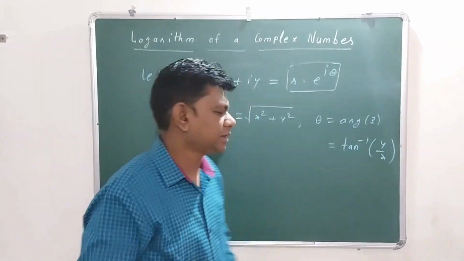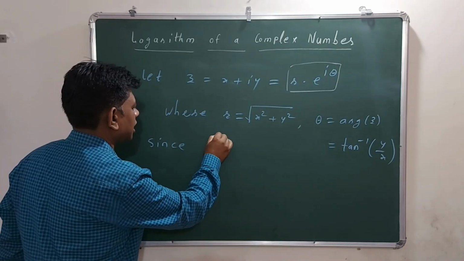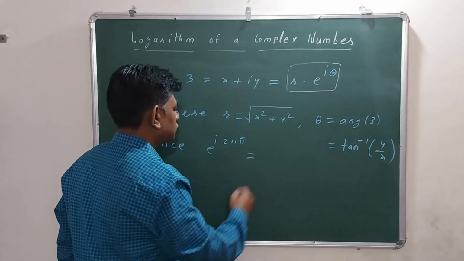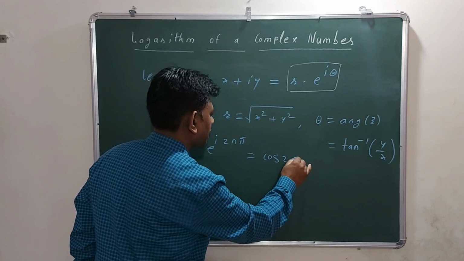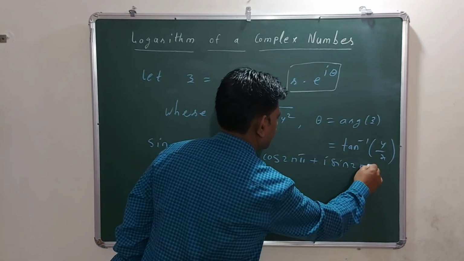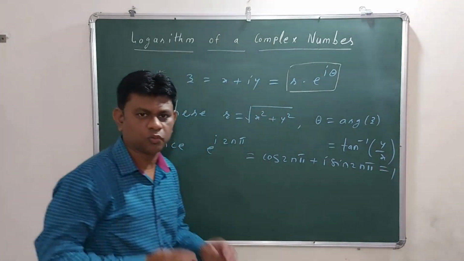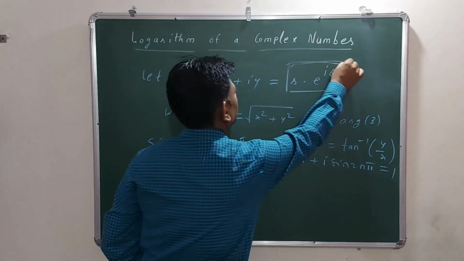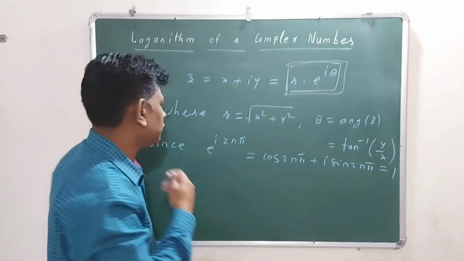Now we know that e to the power i 2n pi is equal to cos 2n pi plus i sin 2n pi, and this is equal to 1. Therefore, we express this polar form in general polar form.